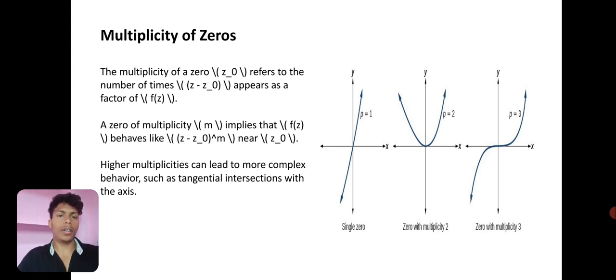Higher multiplicities can lead to more complex behavior, such as tangential intersections with the axis. Single zero, zero with multiplicity 2, zero with multiplicity 3: p = 1, p = 2, p = 3.